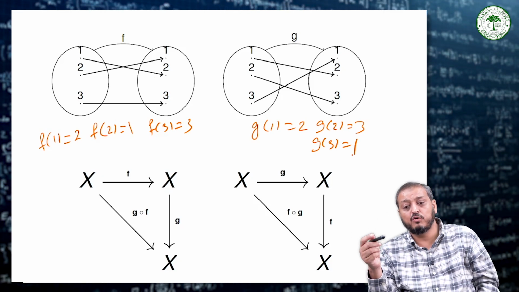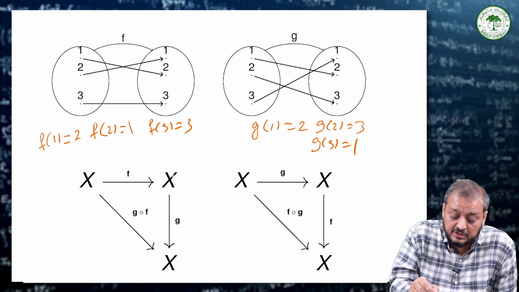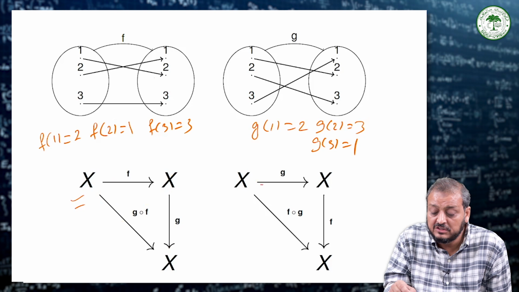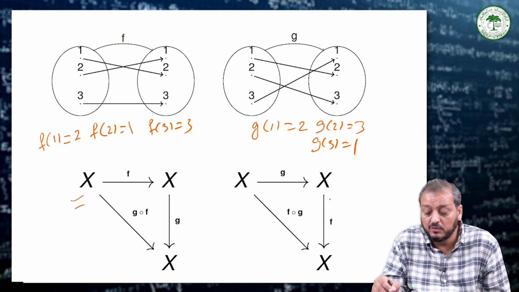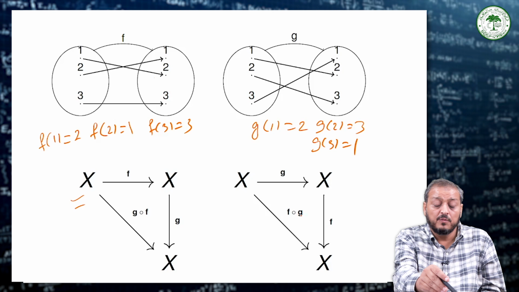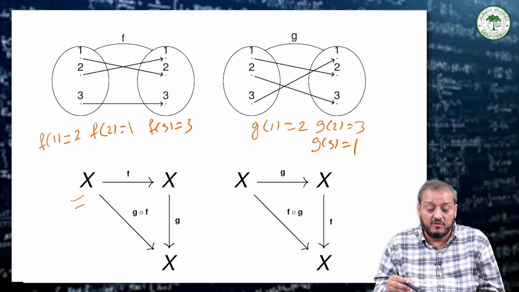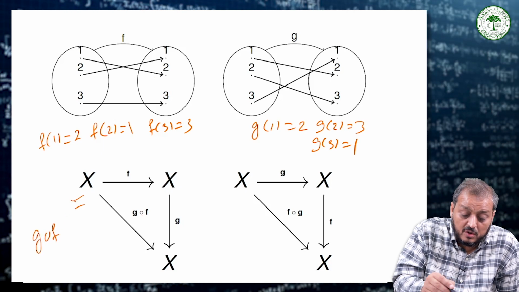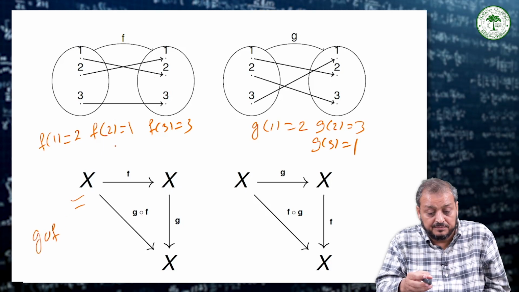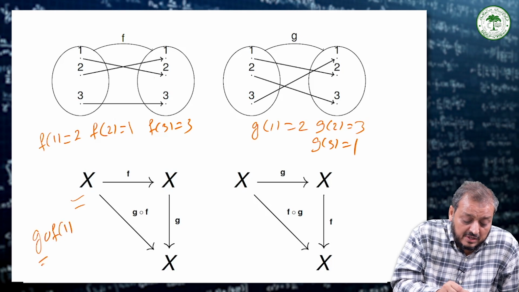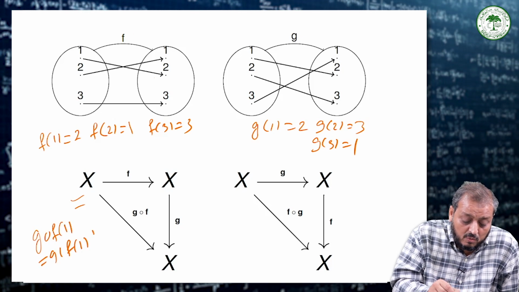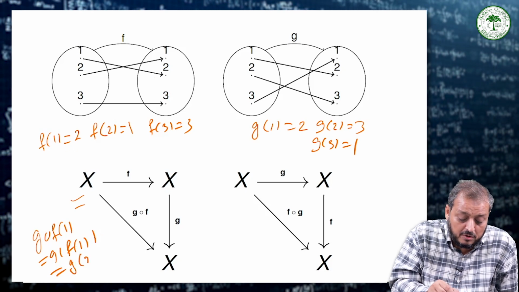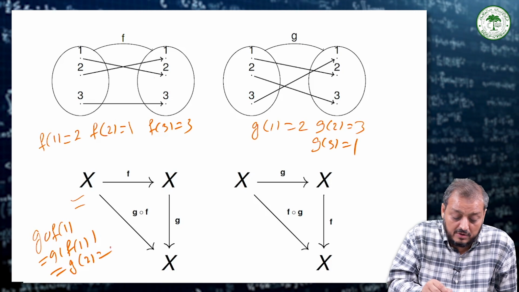Now, we have to see how to write the compositions. This is f composition g, and again g composition f is given by this figure. Let us compute g composition f over 1: g of f of 1, and f of 1 is equal to 2, so g of 2, and g of 2 is equal to 3.